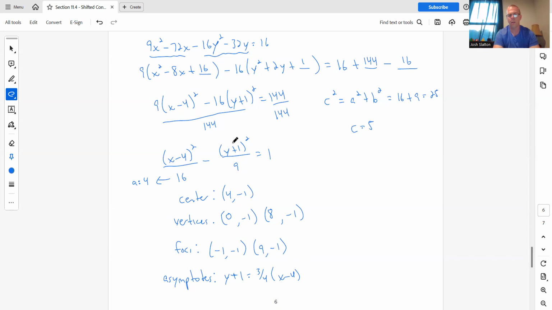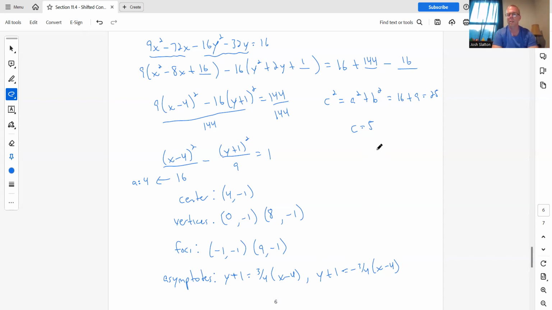So you can see it's just that part equals the slope times that part, and that will give us the asymptote. And then all you do to get the other one is just make the slope negative, and everything else is the same. So there are the asymptotes.